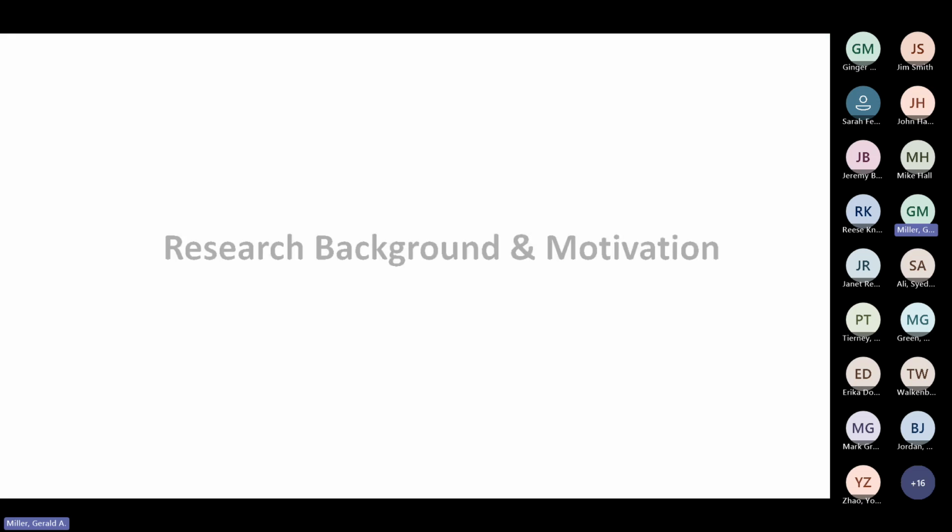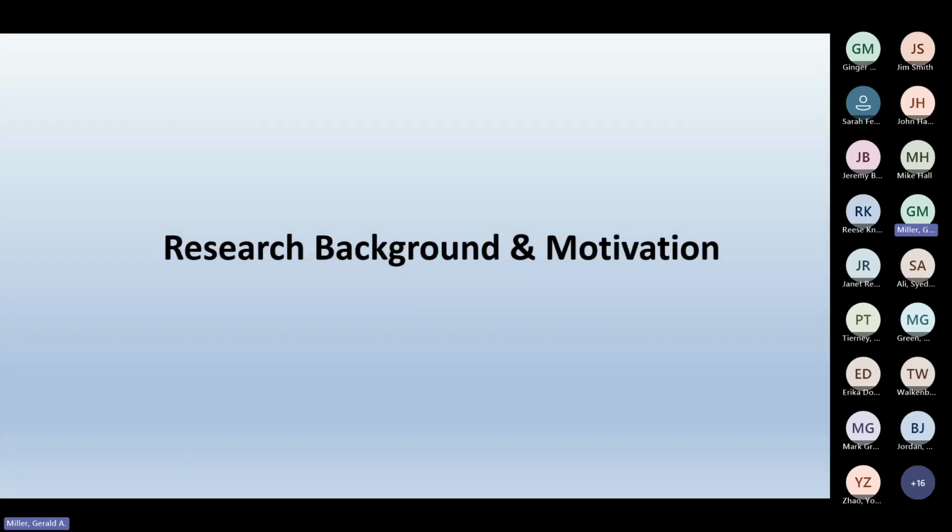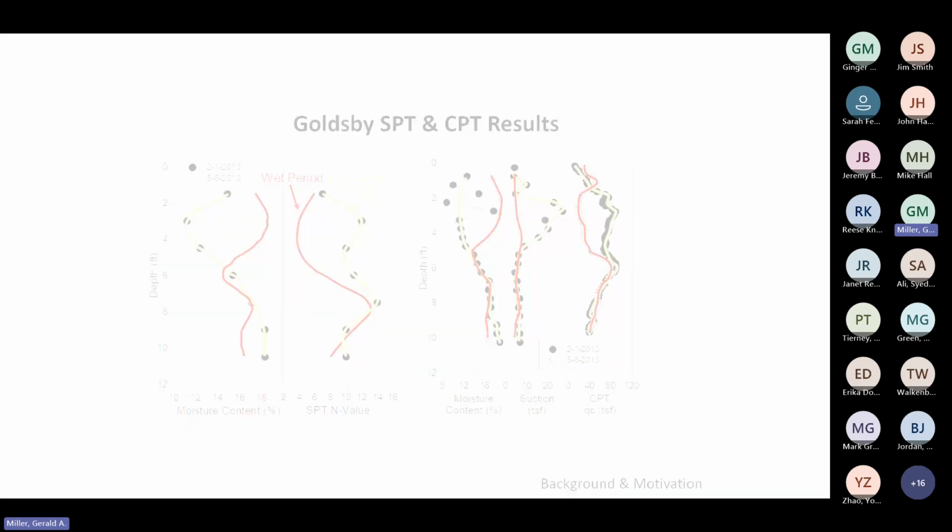All right, so seismic velocity in unsaturated soils. So first, I'm going to talk a little bit about this research because this topic may be more new to some of you than others. And just to give you some sense of how we approach the study. So first of all, you might ask, why were we interested in this?